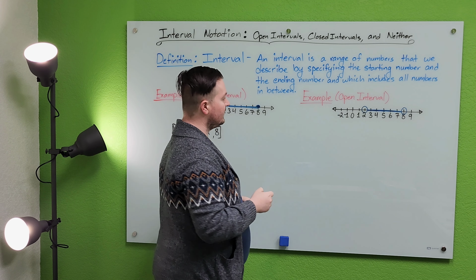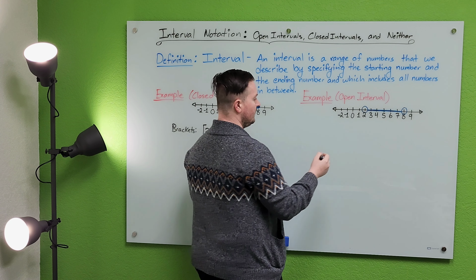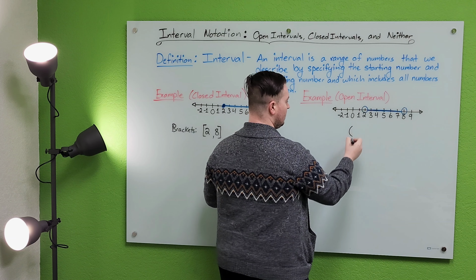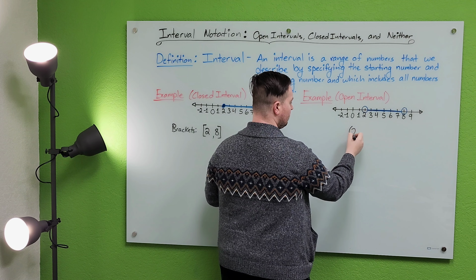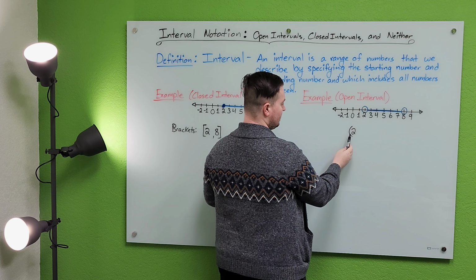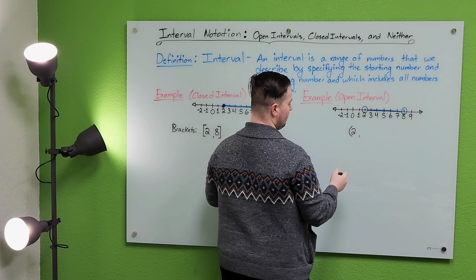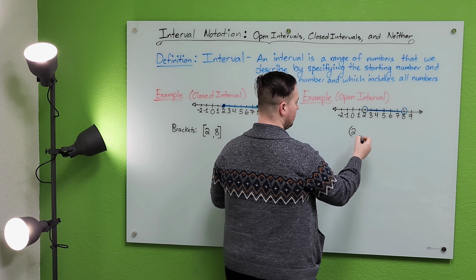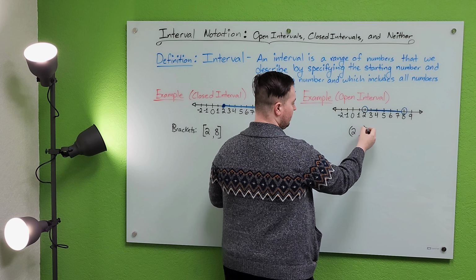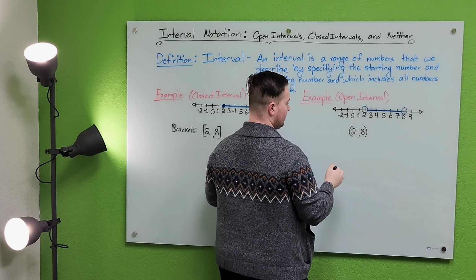So the way we show this in interval notation would be to open a parenthesis. We put the starting number, which is 2, but since we are not including 2, we use a parenthesis. Put a comma, and the final number is 8, but we are not including 8 either, so we close with another parenthesis.